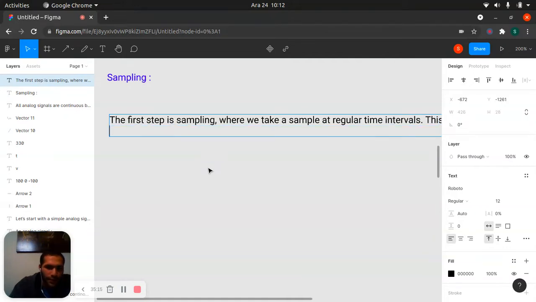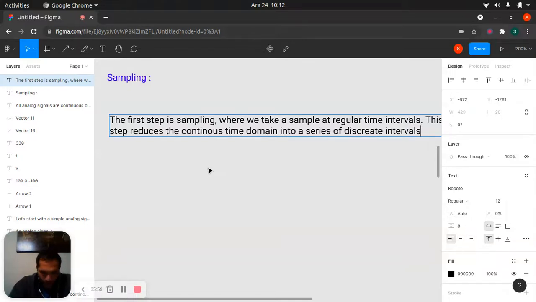I think you can see, this step reduces the continuous time domain into a series of discrete intervals. Discrete intervals.